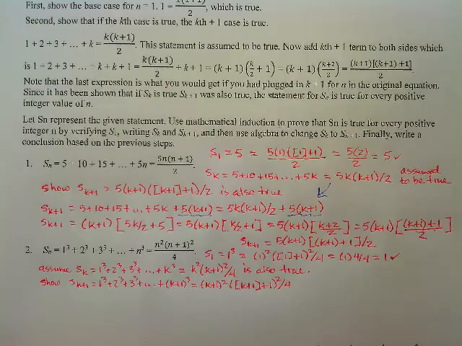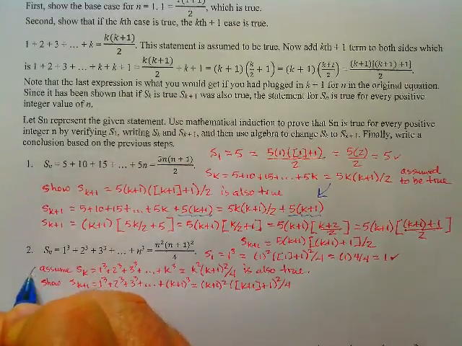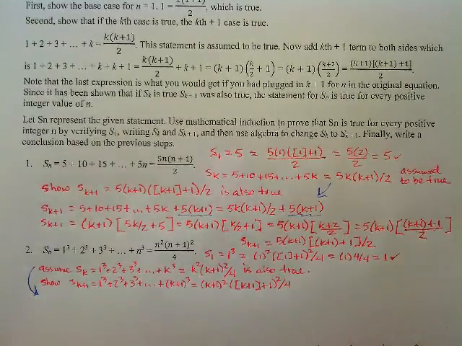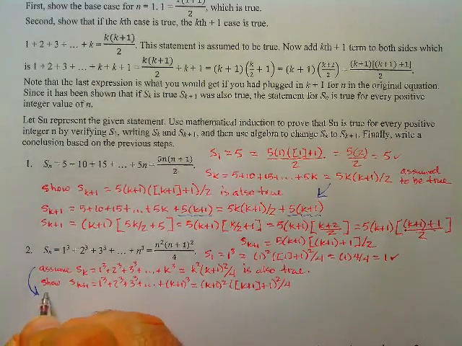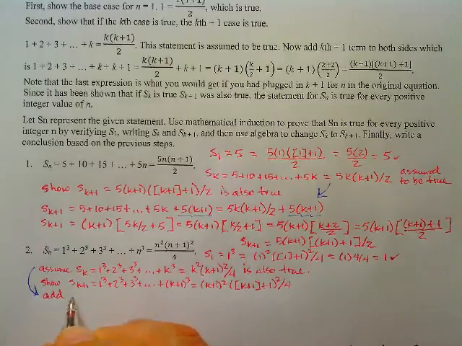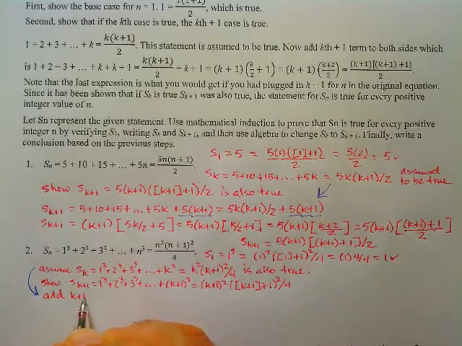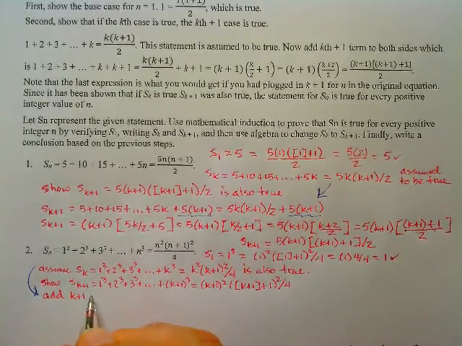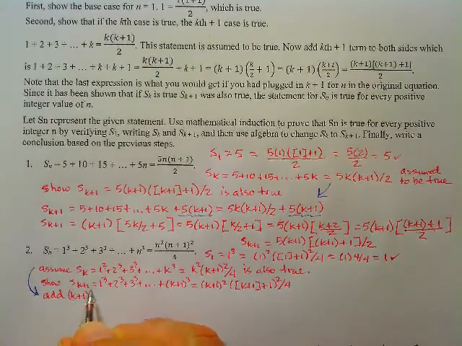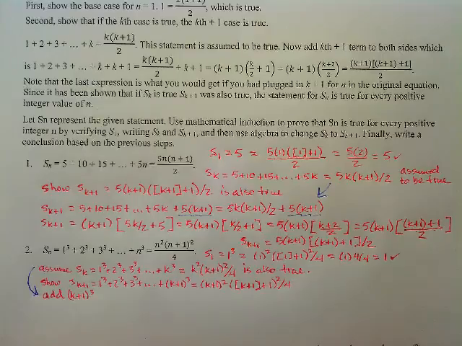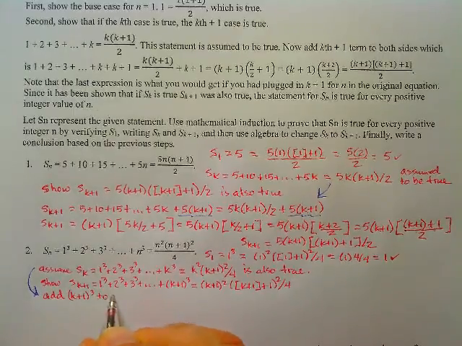So just as we did before, we're going to start off with this and add the k plus 1 cubed to both sides.